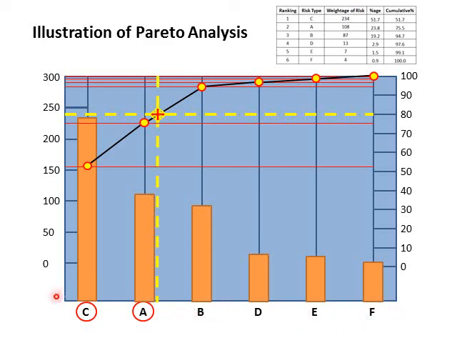So you only have to focus on these critical or vital risks, which are category C and category A, and the remaining risks are not much important as compared to these two risk types. So by Pareto analysis, the 80-20% rule, you can segregate the critical risks from the trivial risks.